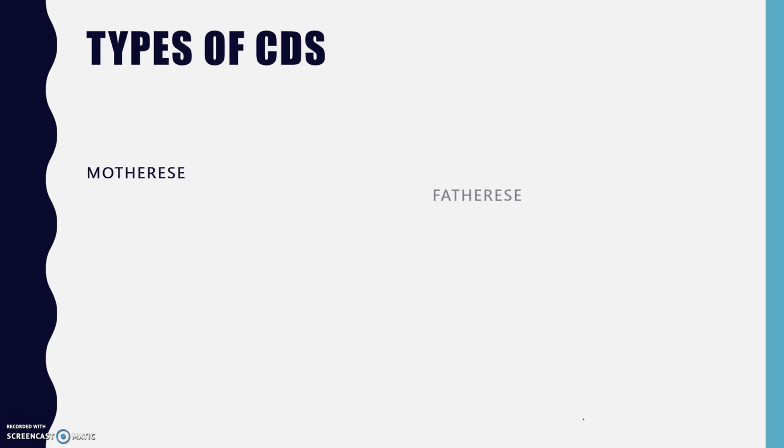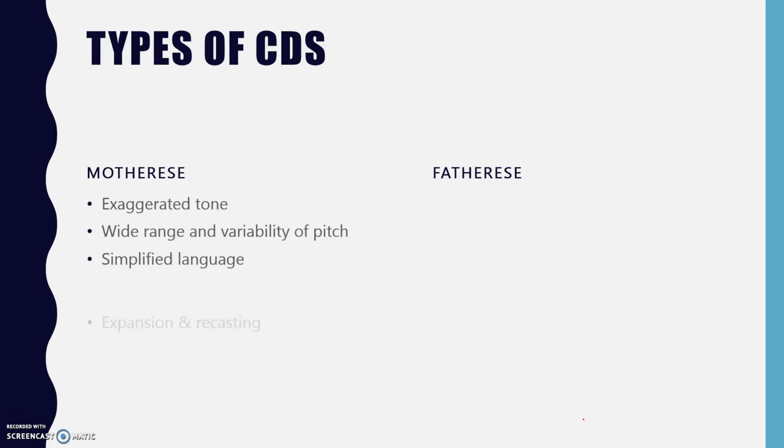The types of CDS, well, there's motherese and fatherese. It's a bit stereotypical, really. But it has been shown that mostly mothers do motherese and fathers do fatherese, and it's an important thing to look out for, whether it's being used or not.